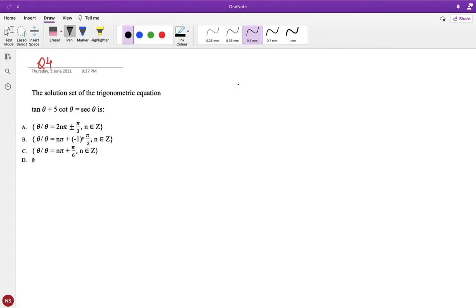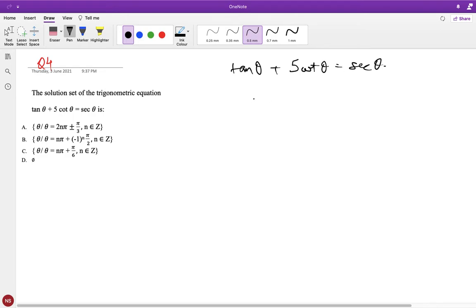The solution set of this equation, tan theta plus 5 cot theta is equal to secant theta. As we have already seen, converting cos, tan and cot into sine and cos is very helpful, right? So let us do that. Let us try to make our lives easier.